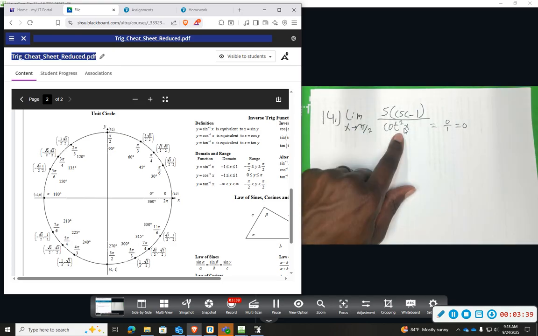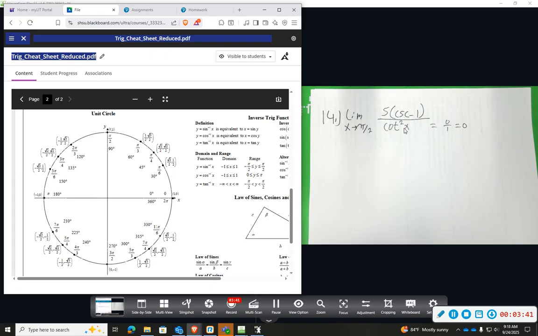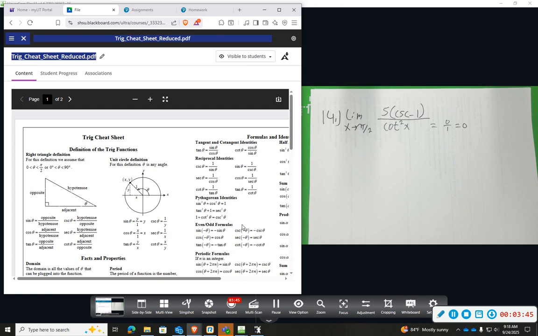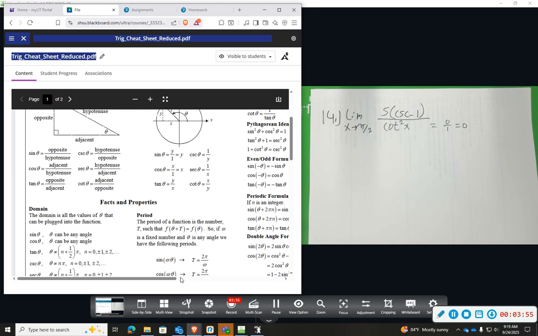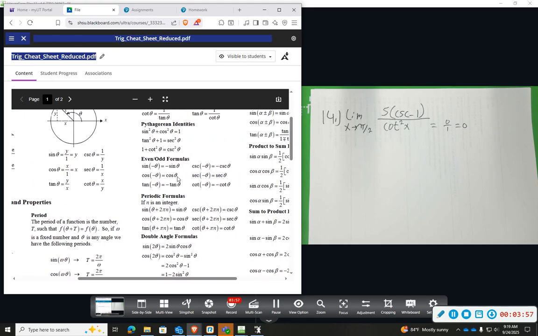The next thing we do is, since this is squared, we think about using Pythagorean identities. The Pythagorean identity that has cotangent is the one we're going to use: 1 plus cotangent squared is equal to cosecant squared.